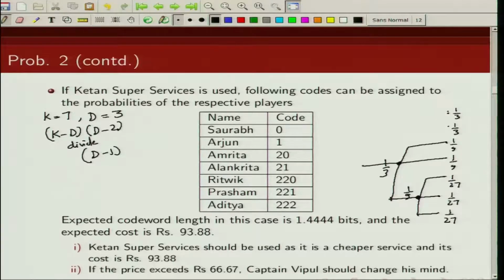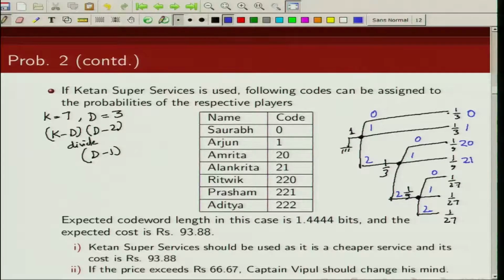And finally we combine these 3 nodes. This is the root, with probability 1, and if we assign 0, 1, 2 to these branches, I get the code corresponding to this is 0, this is 1, this is 2, 0, this is 2, 1, this is 2, 2, 0, 2, 2, 1 and 2, 2, 2.